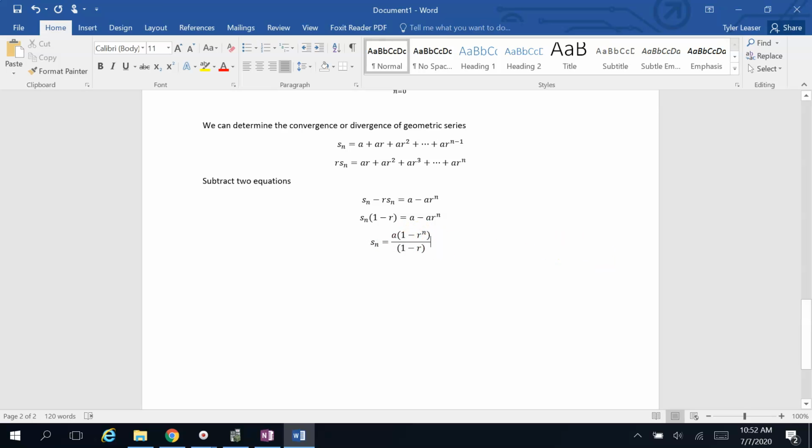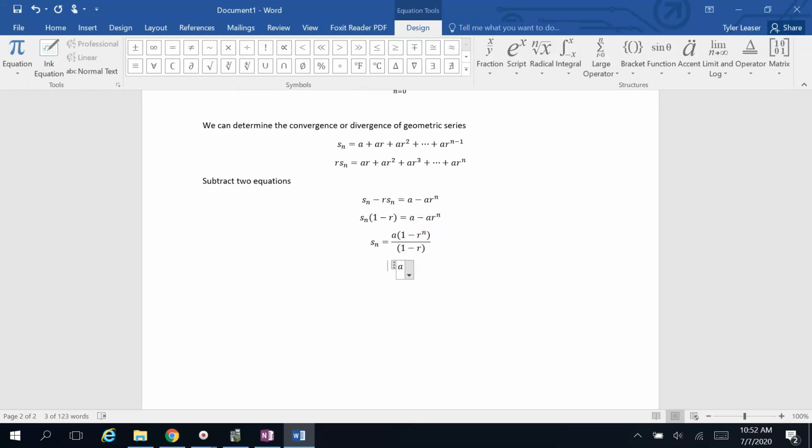going to converge. If you just think about it for a little bit, as long as the absolute value of r is less than 1, so if this r is a fraction, then when that n goes to infinity, this term just goes to 0.